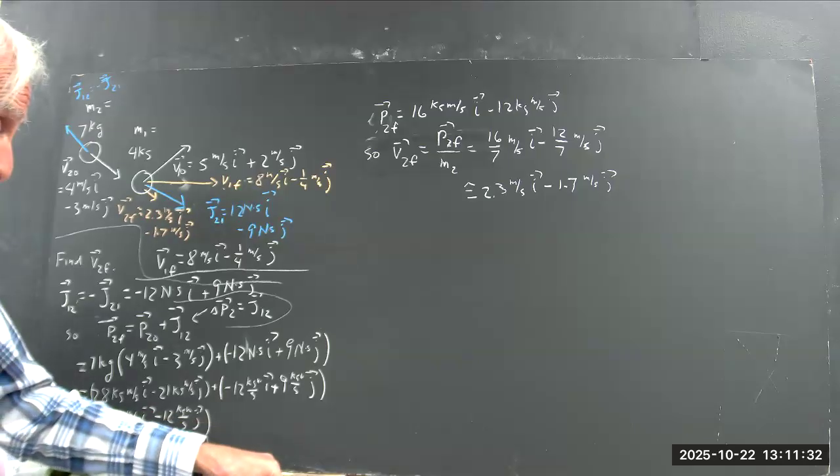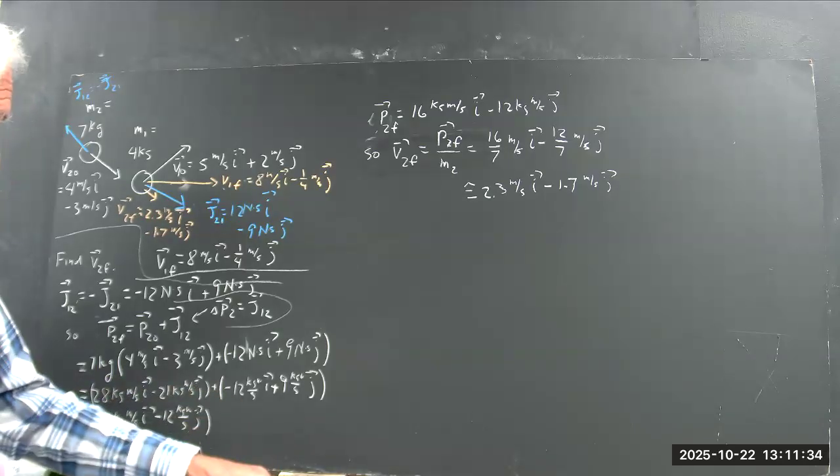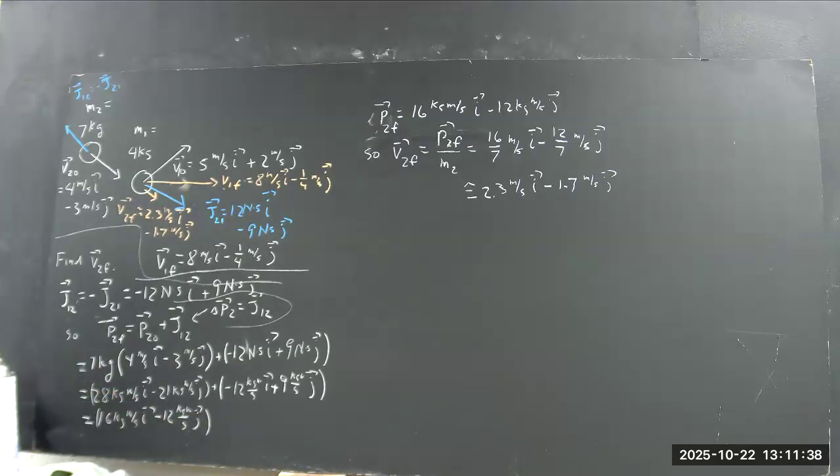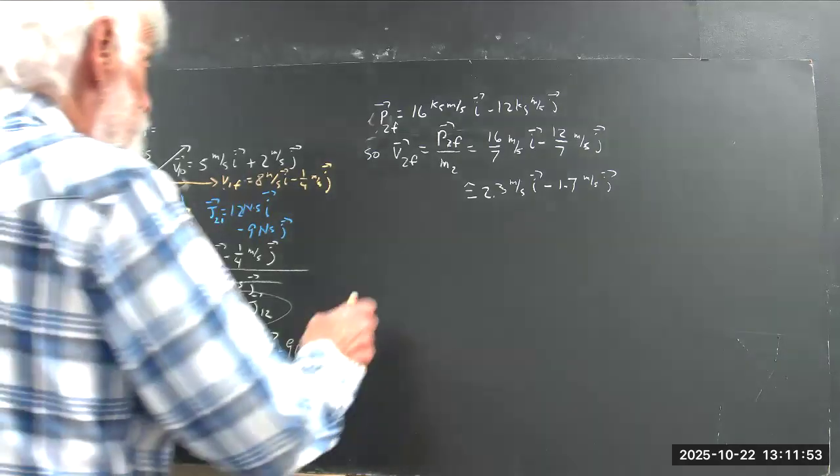Now, one thing we've got to be careful of is we can get ridiculous results by assuming an impulse in a collision. What could be ridiculous is the final kinetic energy could be greater than the initial kinetic energy. So is this possible?